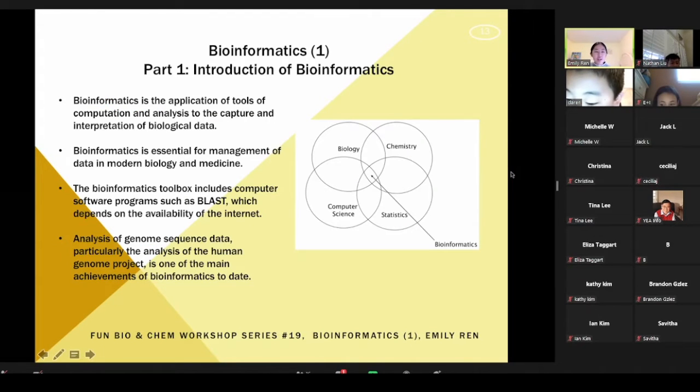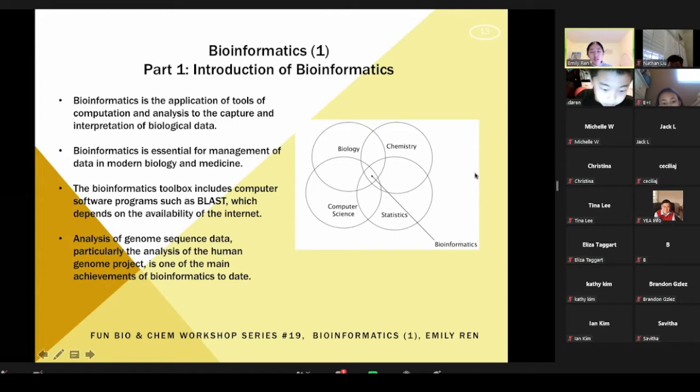An introduction of bioinformatics. Bioinformatics is the application of tools of computation and analysis to capture and interpret biological data. It's very important for the management of data in modern biology and medicine. The bioinformatics toolbox includes computer software programs like BLAST, which depends on the internet. Bioinformatics analyzes genome sequence data, particularly the analysis of the Human Genome Project.